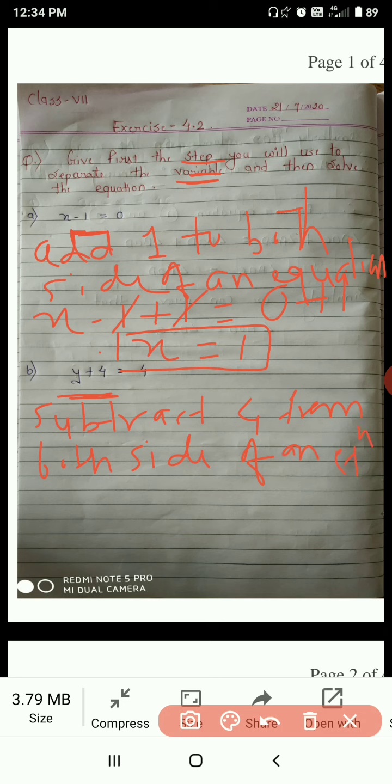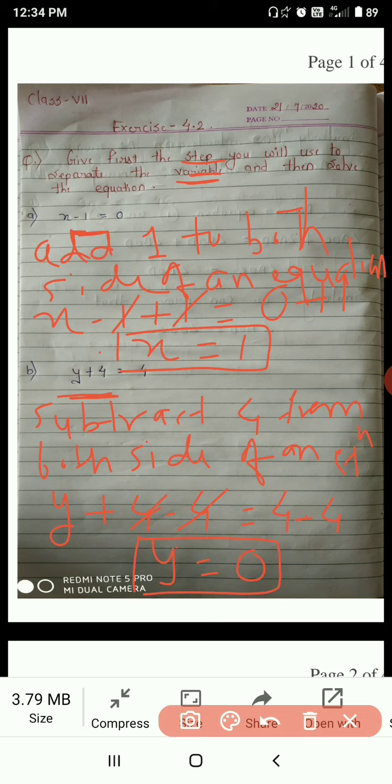So what will you get? y plus 4 minus 4 equal to 4 minus 4. All of you understood what I am doing here? So plus 4 minus 4 get cancelled. Then what is left? y equal to 4 minus 4, which is 0. So this is your answer, y equal to 0.